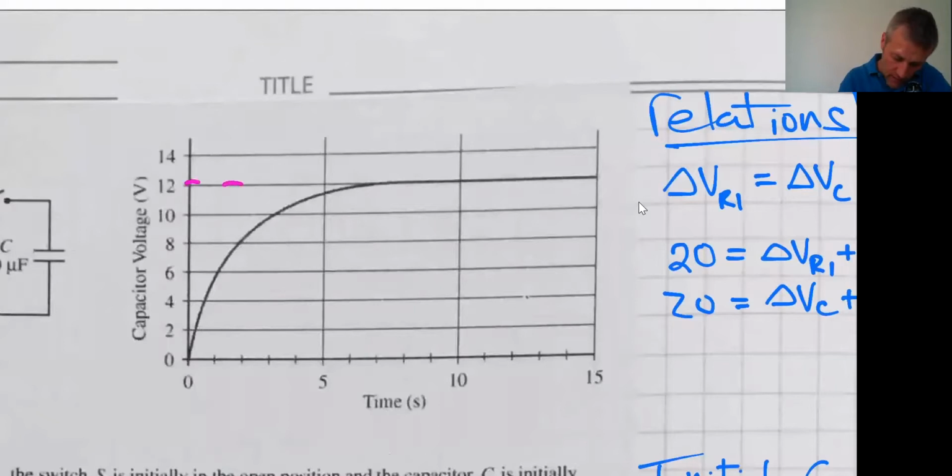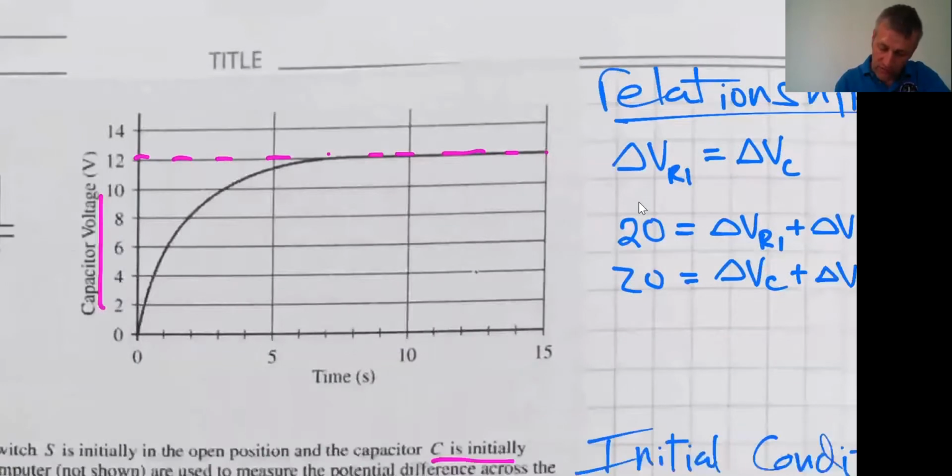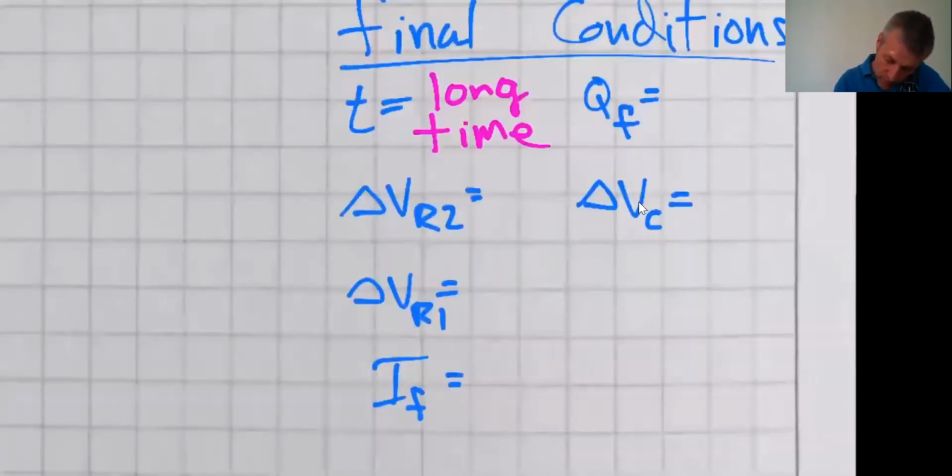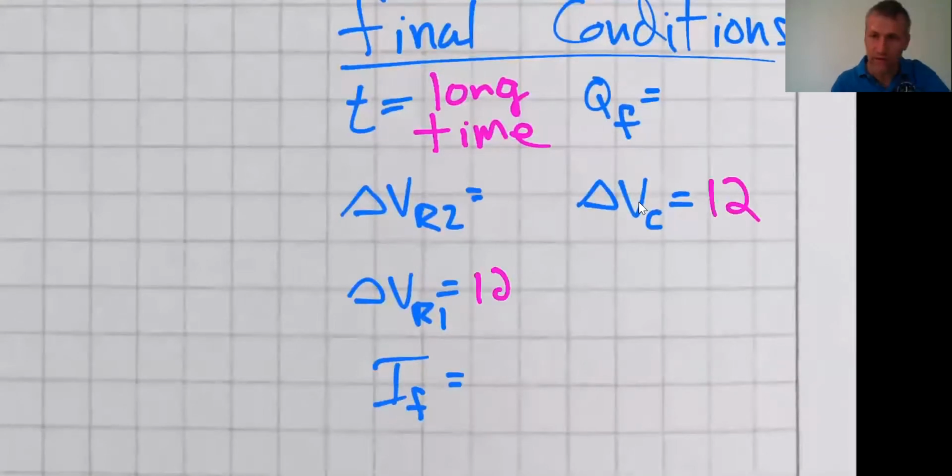And that 12 volts is going to be the voltage across the capacitor, but it's also going to be the voltage across resistor 1. So at the end, we know this is going to be 12, and that's going to be 12.